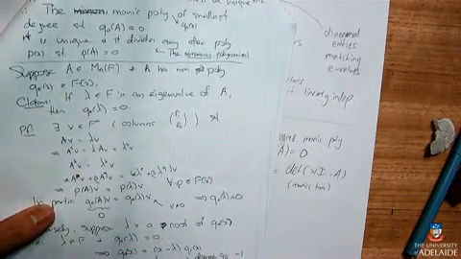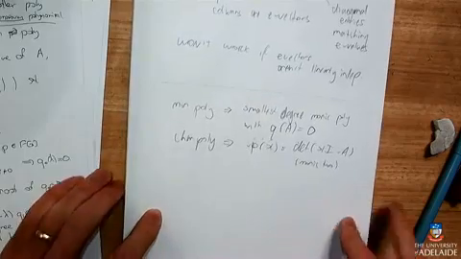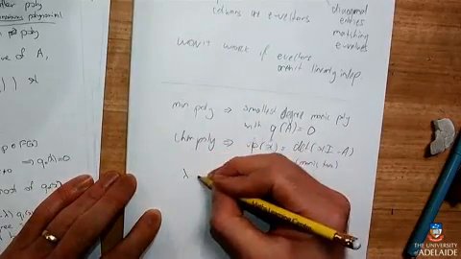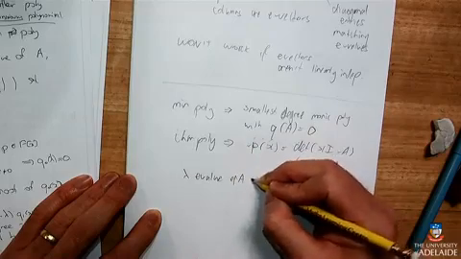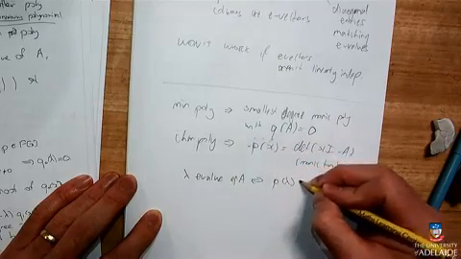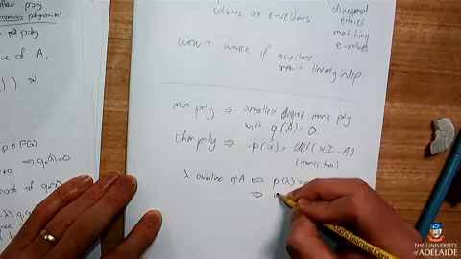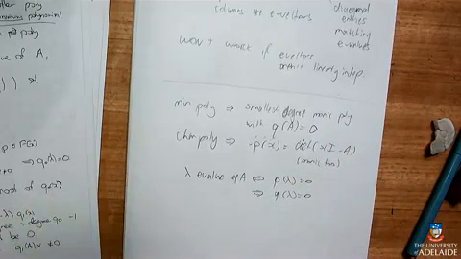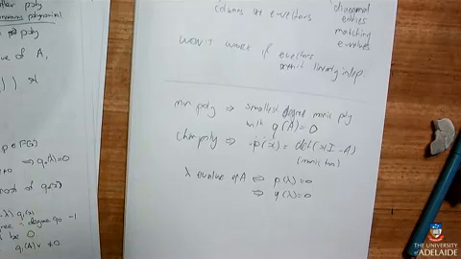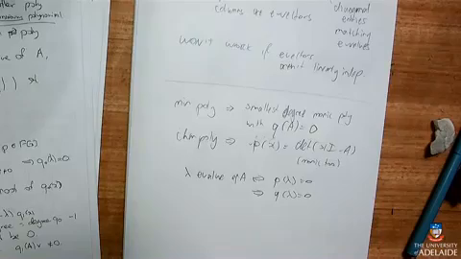So if lambda is an eigenvalue of A, which means that P of lambda is 0, that implies that Q of lambda is 0 as well. So any zero of the characteristic polynomial is a zero of the minimum polynomial.